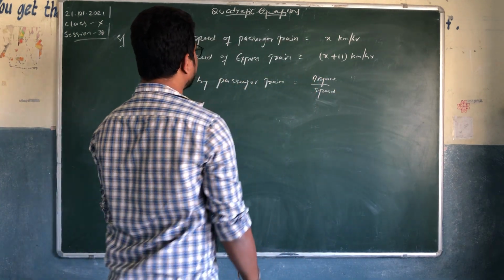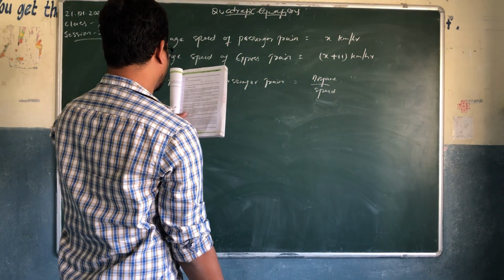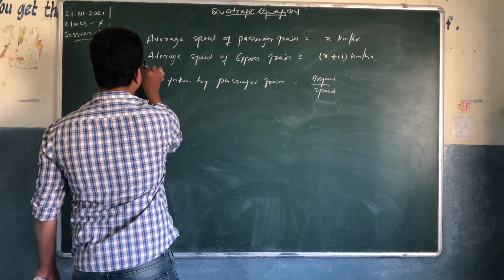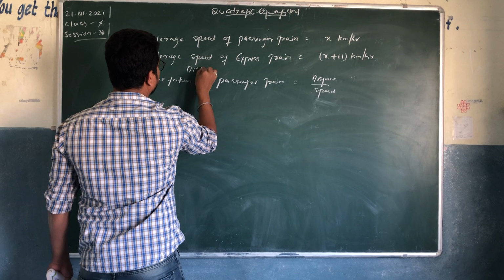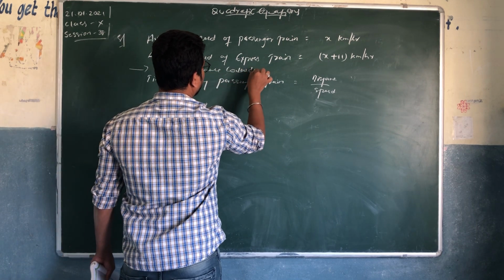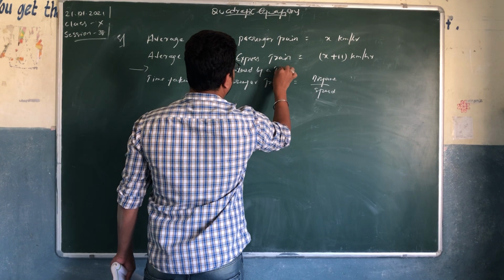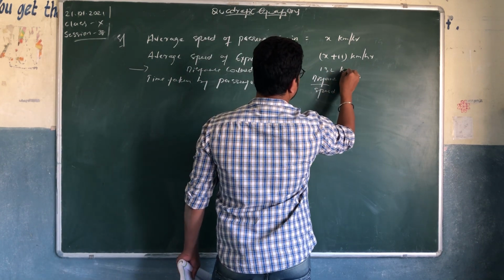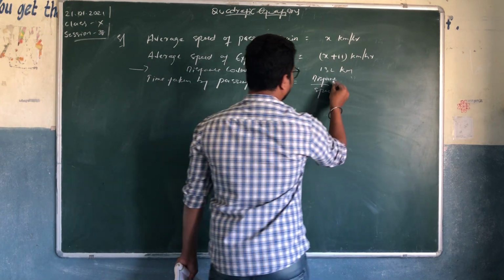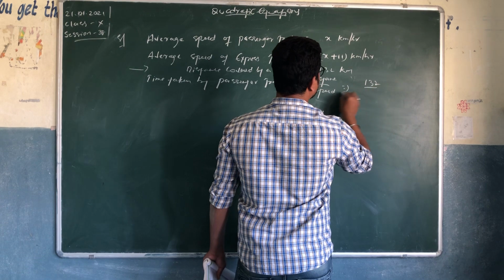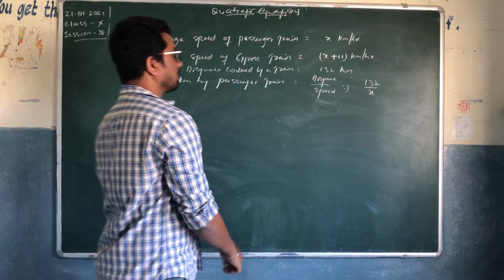So we missed a step here. Just include a step here. Distance covered by a train is equal to 132 kilometers. Now we write distance by speed, which is distance 132 by speed x.